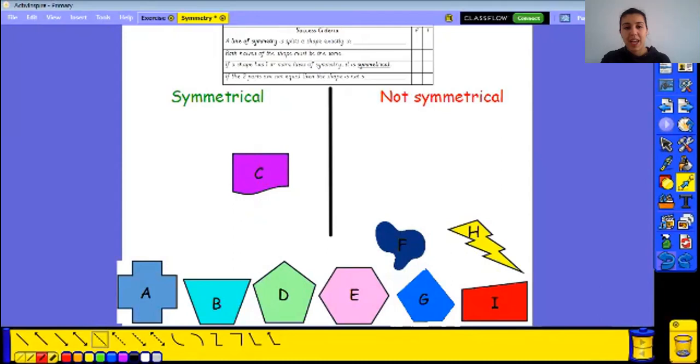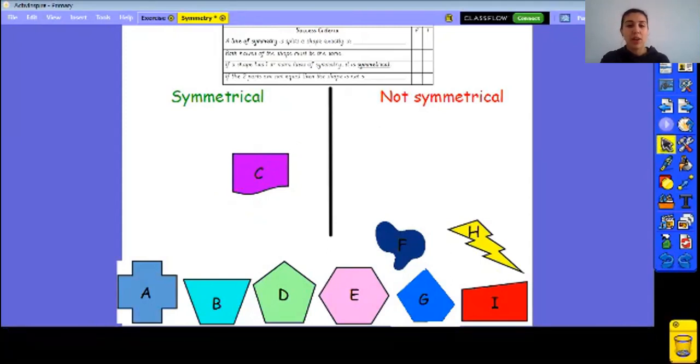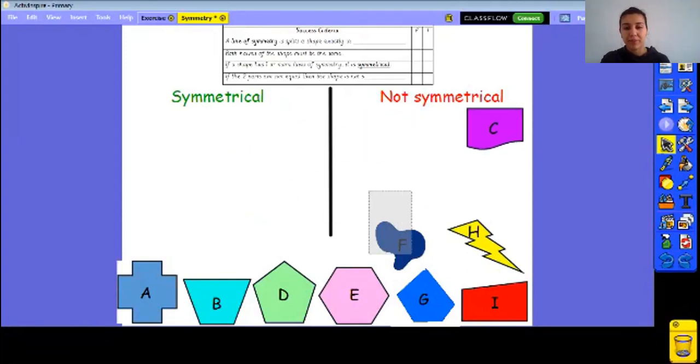What about if I try to do it this way? Well, no, because this side has a straight line and this side has a curved line. And definitely not the same if I do it diagonally, because once again, this side has a curved line and this only has straight lines. So that means that this shape has no lines of symmetry, so it is not symmetrical.